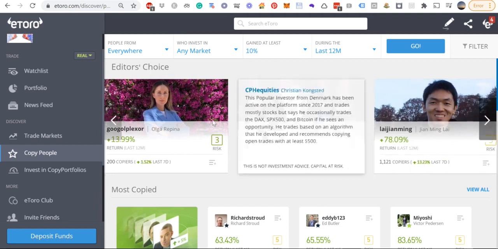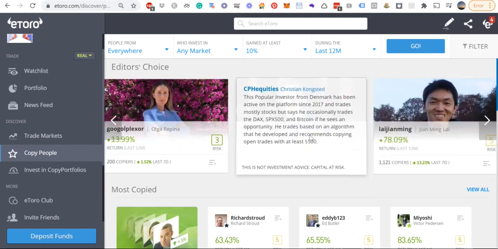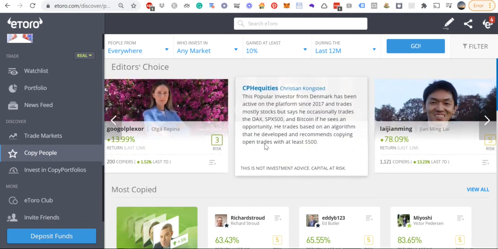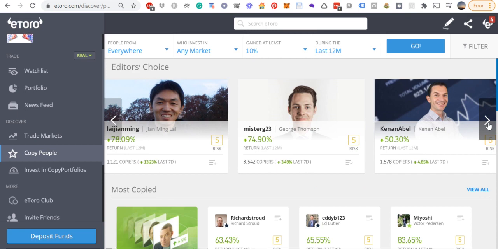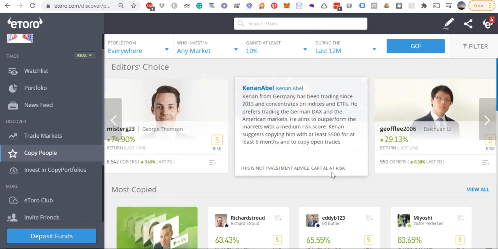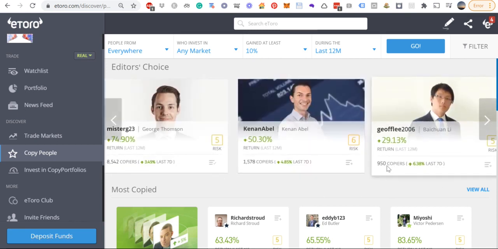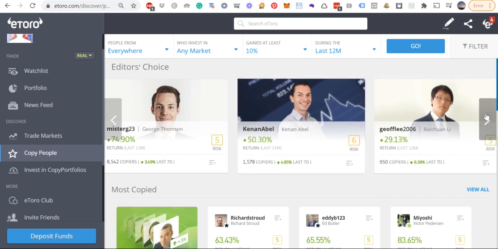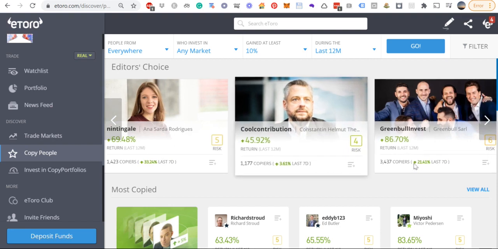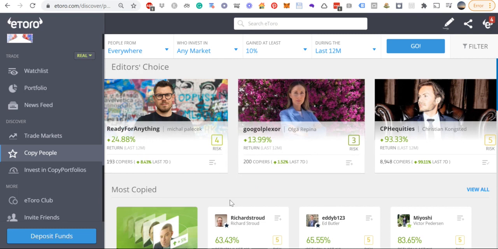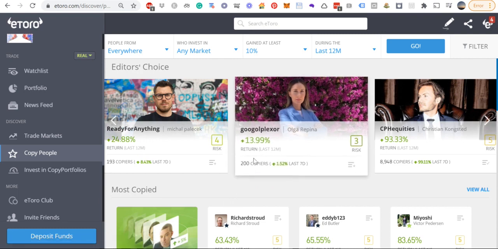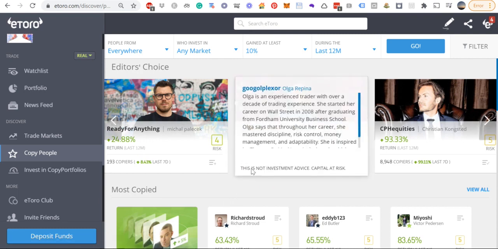These would generally be investors that the platform considers worthy of following, doing quite well on the platform, ranging between 1,000 and 1,500 copiers up to maybe 3,000. There may be some that are below. The lowest number of copiers in that section is 200.